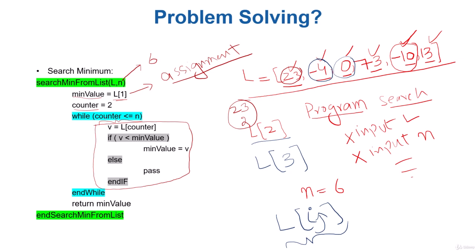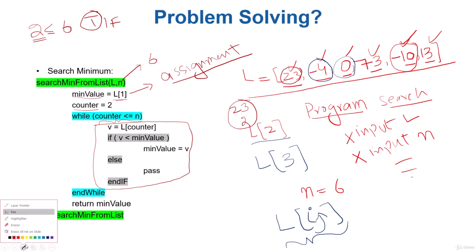If this condition becomes false, then you will exit the loop and go out. So now counter is 2, so 2 is smaller or equal to 6. True or false? That is true. So the condition is true. 2 is indeed smaller than or equal to 6. So we will go inside the box and see what happens.